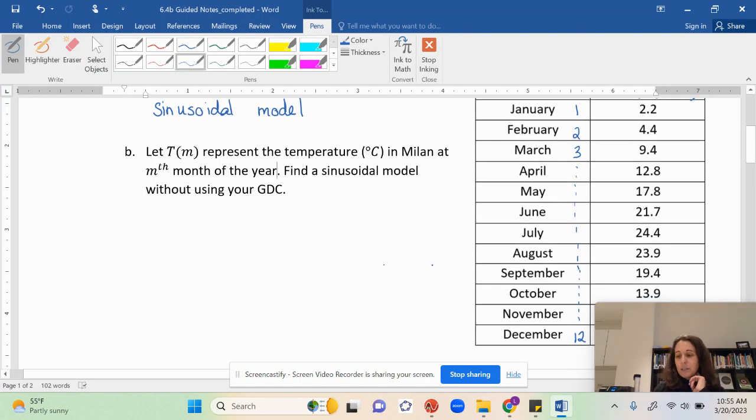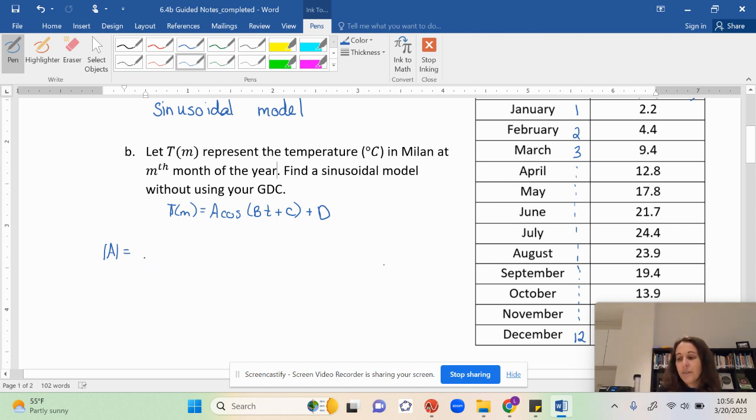In order to write this model, we have a couple of new formulas that you should know. We're going to write this in the form T of M equals A times the cosine of B times (M plus C) plus D. To find what A is, we know that the absolute value of A is the distance from the midline to a maximum or a minimum.